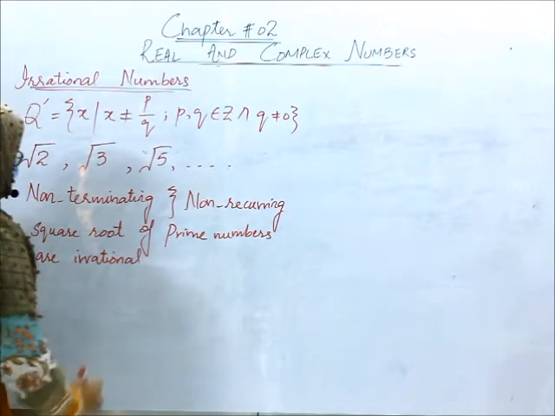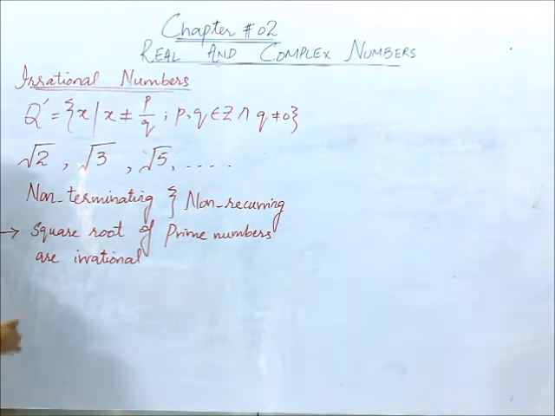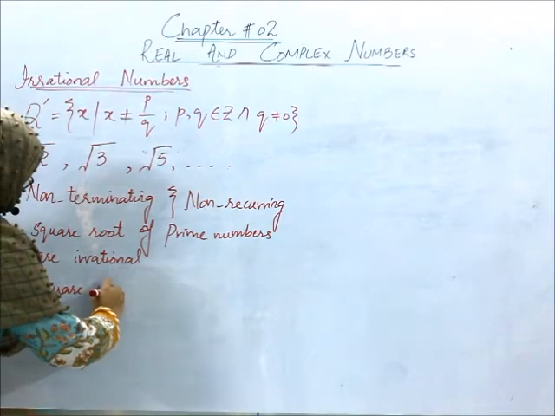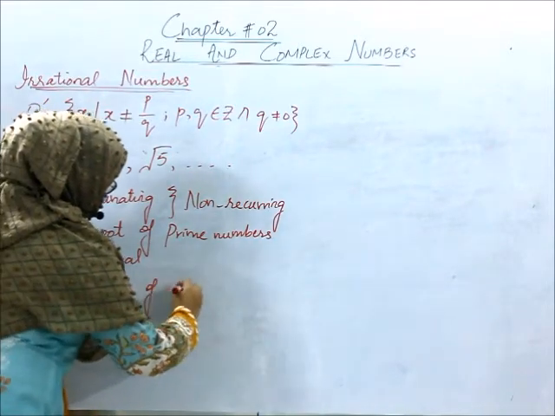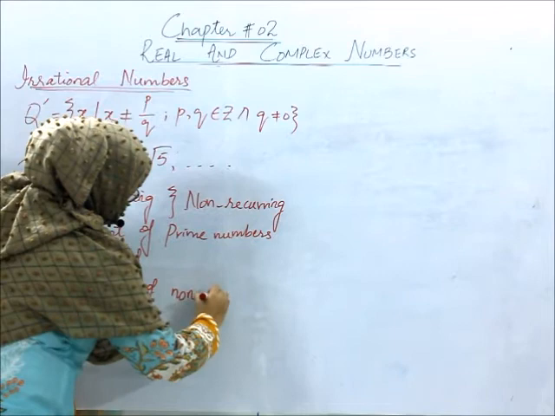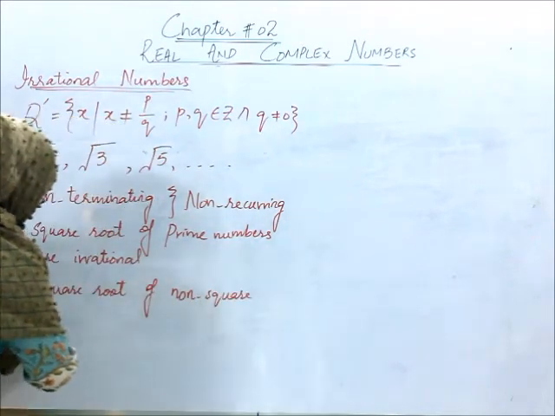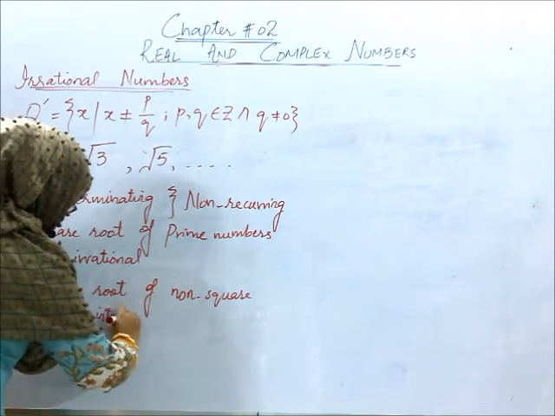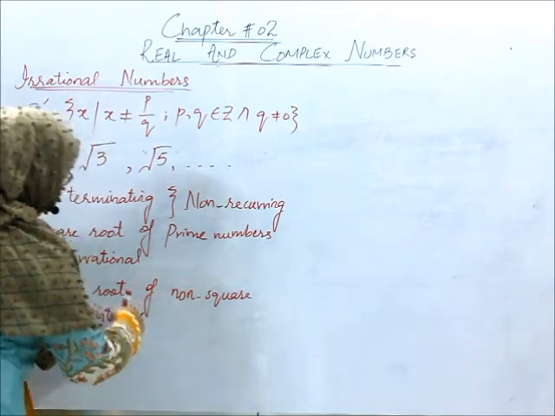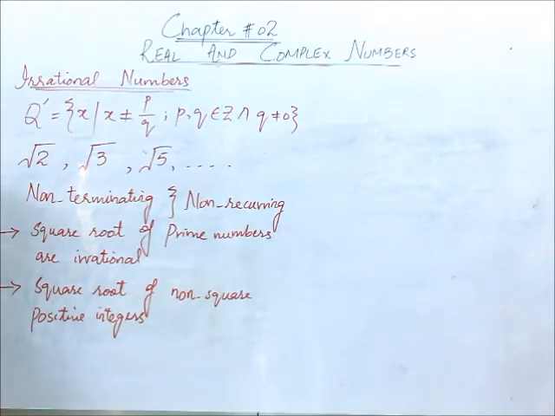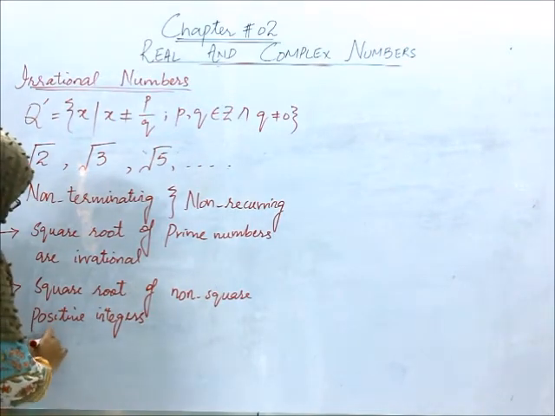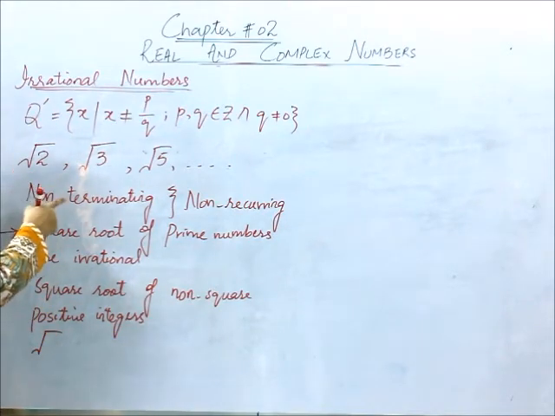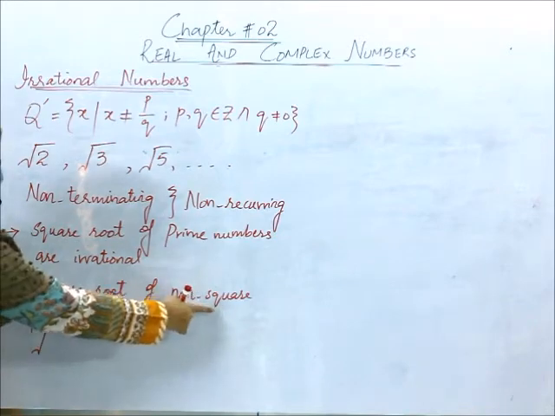Similarly, square roots of non-square positive integers are also examples of irrational numbers. For example, square roots of prime numbers are irrational, and so are square roots of non-squares.